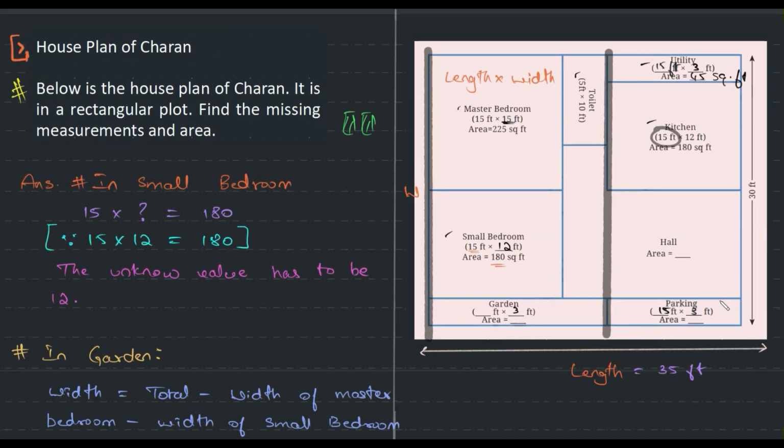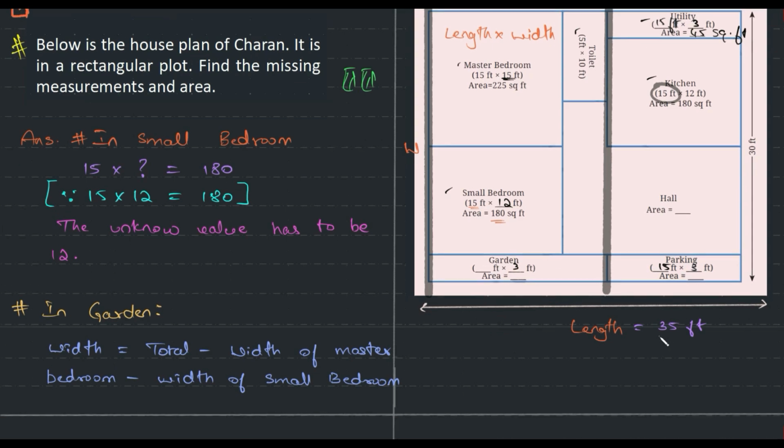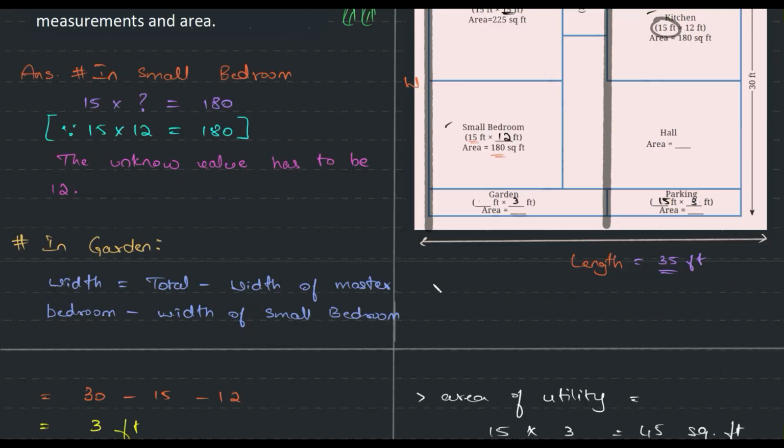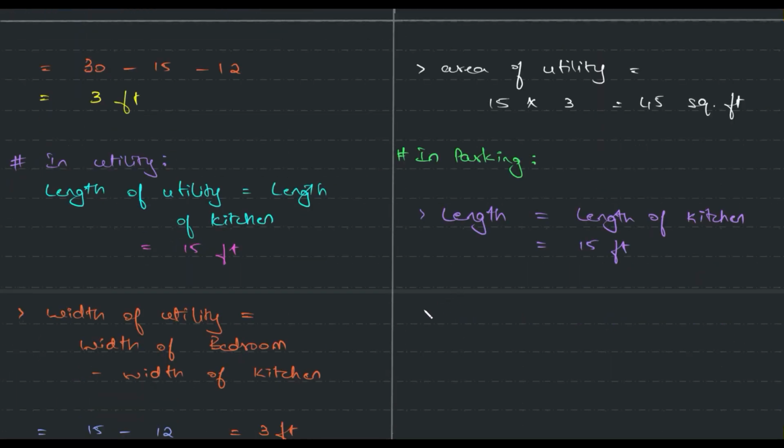Then what else? 15, and since this entire length is 35, this has to be how much? Let us figure out the area of the parking. Area of the parking is 15 times 3, that is 45. Let's finish this up. Area is equal to 15 times 3, which is 45 square feet.